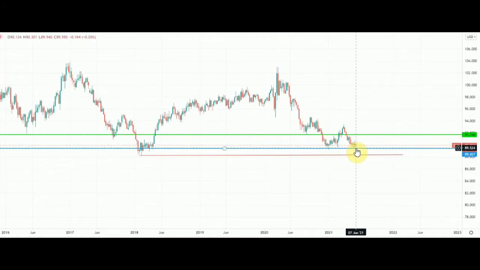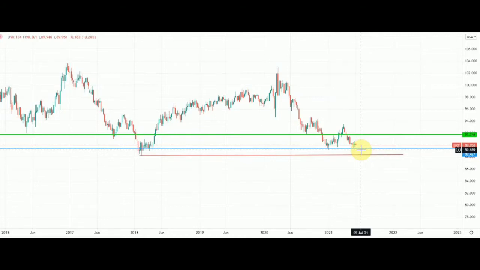So here I am expecting the dollar to hover for a bit of time, and then it has a very good possibility to come down. Let us discuss what will happen if it comes down and what will happen if it stays here or goes up from here. I'll explain both the scenarios.